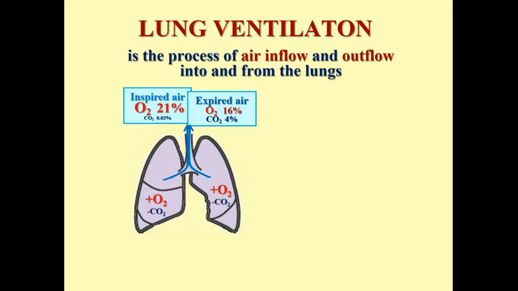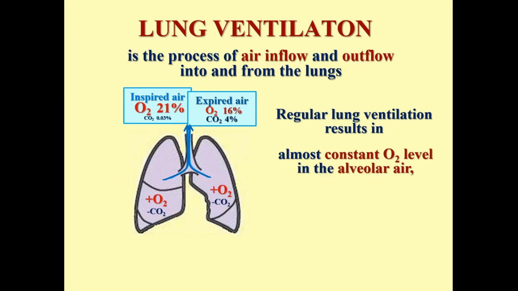But this difference between inspiration and expiration in resting state is not great, because respiration goes regularly, and with each inspiration we replace rather a little portion of the total volume in the lungs, which is alveolar space for exchange. And this regular lung ventilation results in almost constant oxygen level.